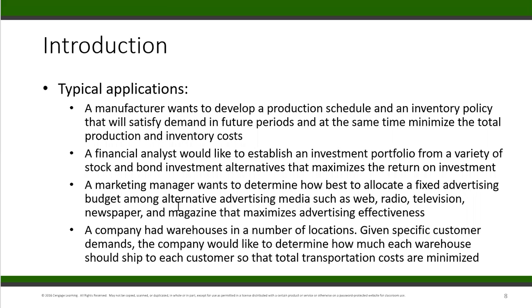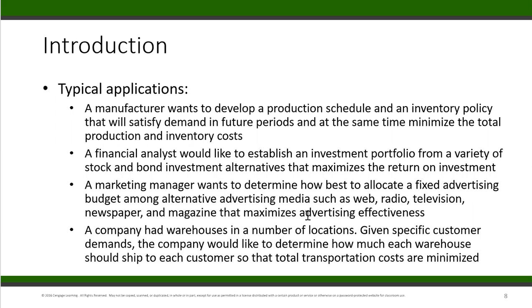The third example would be allocating a fixed advertising budget among different alternatives, such as web, radio, television, newspaper, and so on. So here, your decision would be how much money to allocate to different alternatives, right? So that's your decision.